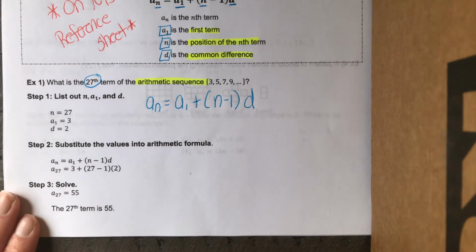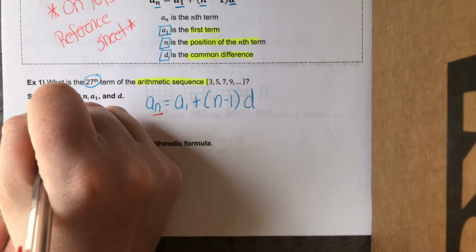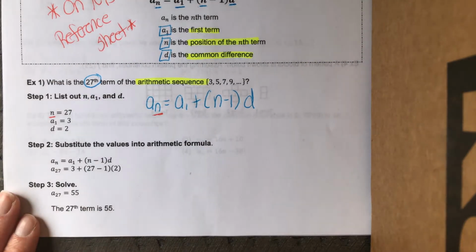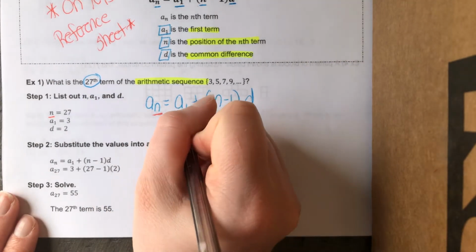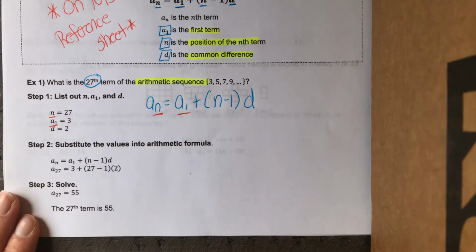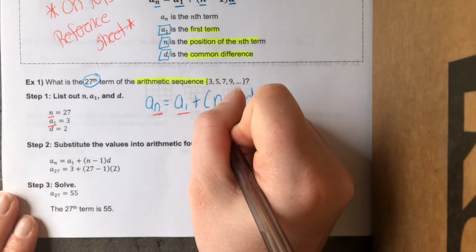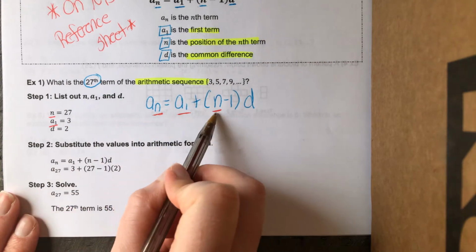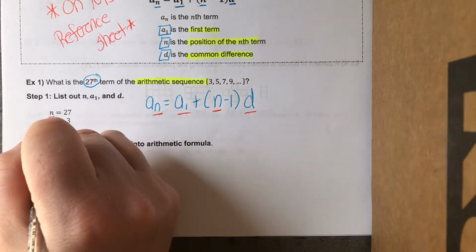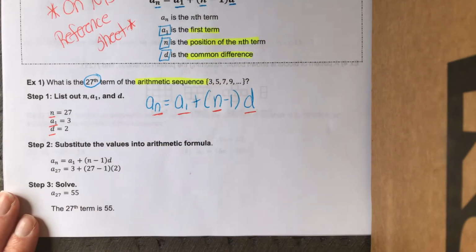I can see here that n is the first variable that I need to find. Next is a sub 1, which is my first term. And then I see n again, but I already listed it. And then d is the common difference.